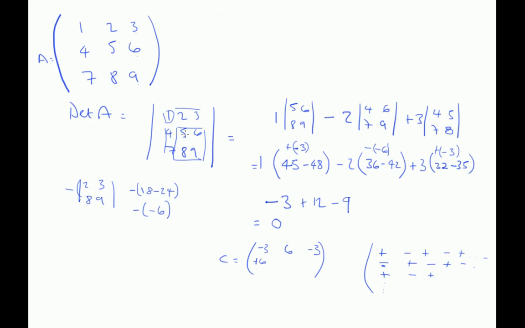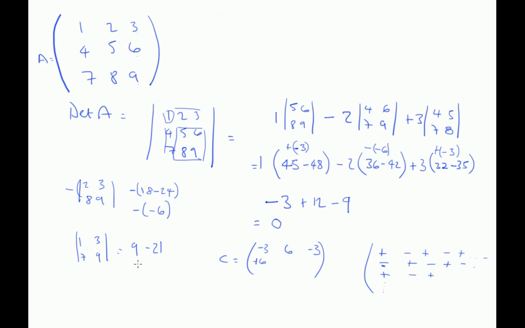Moving on to this one here, we take the determinant of its minor, 1, 3, 7, 9. 1 9 is 9, minus 3 7s are 21.